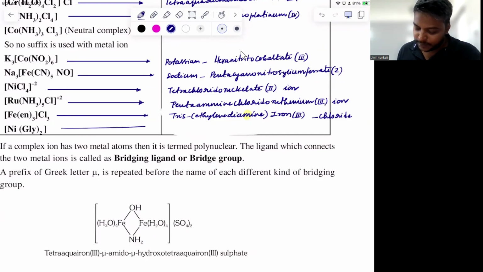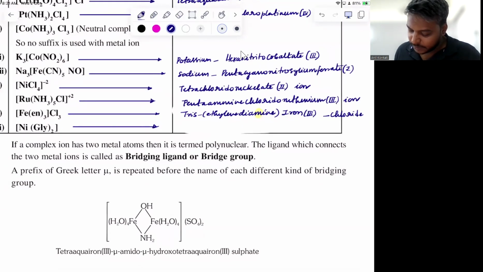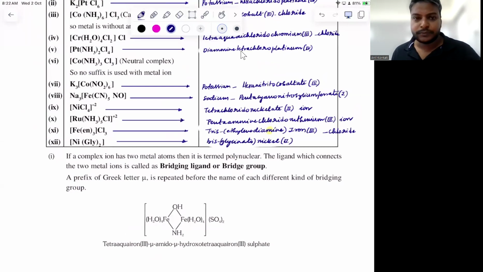Next, nickel. This is bis glycinato. And what do we have? Nickel 2. Done?